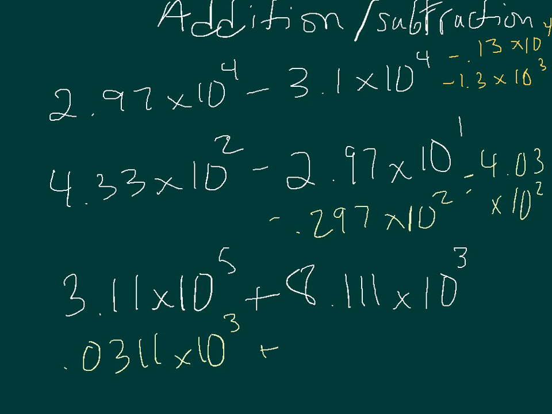So then I get 0.0311 plus 8.111, and I get 8.14. Of course, think about sig figs again, and you actually should have, let me just put it here, equals 8.14 times 10 to the, well, third.